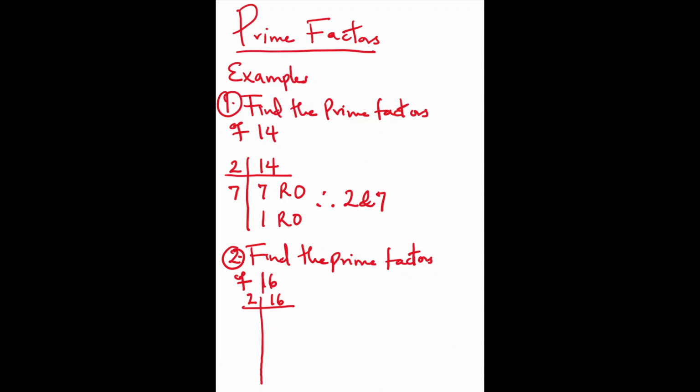So we'll go with 2. 16 divided by 2 will be 8, remainder 0, right? 2 can divide 8. So 8 divided by 2 will be 4, remainder 0. Okay. 4 divided by 2 will be 2, remainder 0. 2 divided by 2 will be 1, remainder 0.